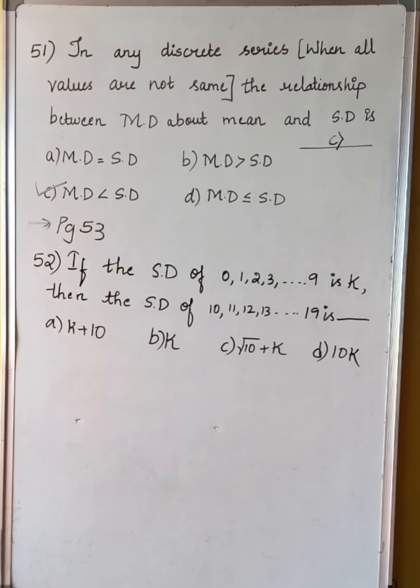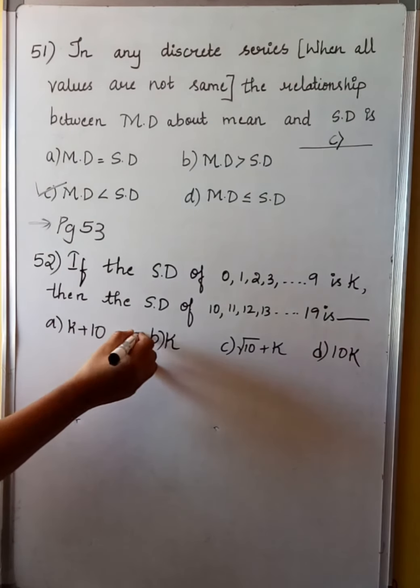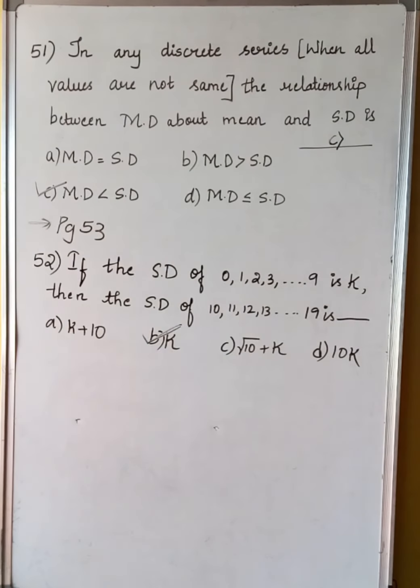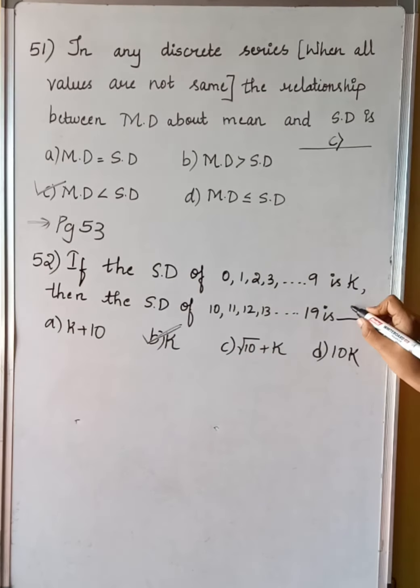If the standard deviation of these observations is k and later the observations are continued, the answer will remain the same, which is k only. It will not change because the standard deviation of the observations remains as it is. So here you will get the answer as k.